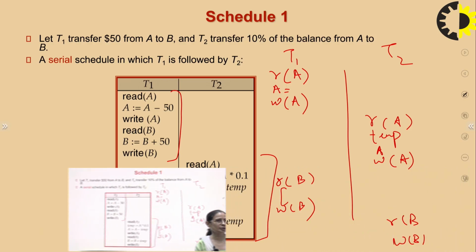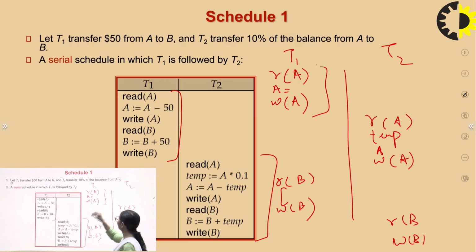So what is our serial schedule? Basically here we complete T1, and once the work on data item A completes, only after that does the work on A in T2 start.